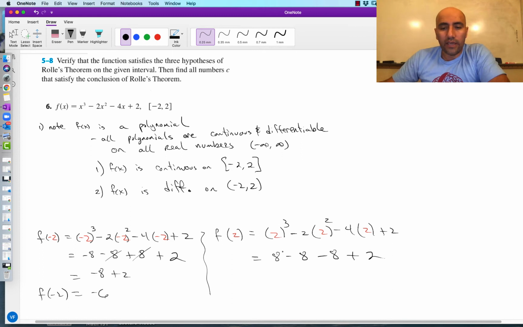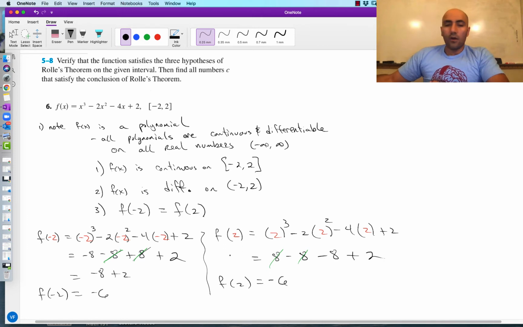So now in this case, the first two cancel out, and I'm still left with negative 6. f of 2 equals negative 6. So we've established that number 3, f of negative 2 equals f of positive 2. Okay, so all three conditions of Rolle's theorem have been satisfied.